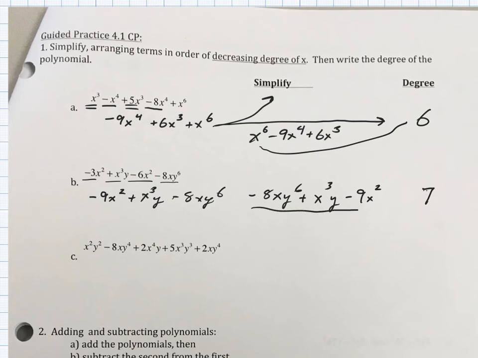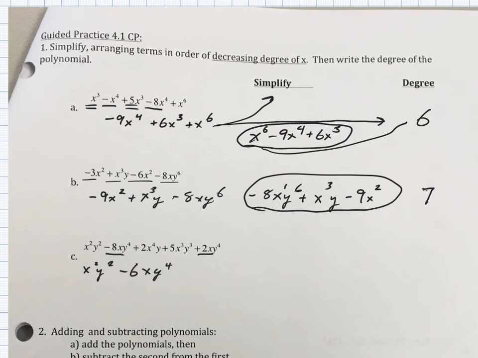Okay, I think I've got the second answer. It's not 7, it's 6. No, it's 7. 6 plus 1 is 7, because your x has an imaginary one on it. You add the exponents of all the variables, not just the biggest one.